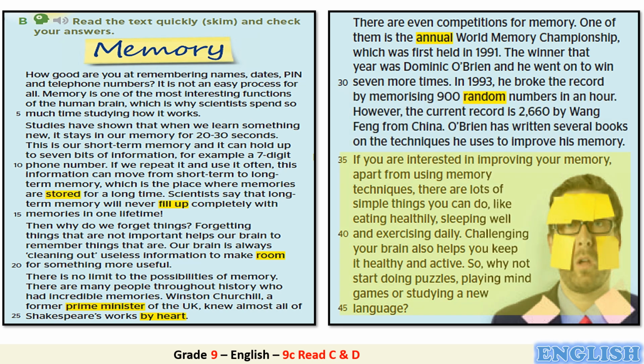If you are interested in improving your memory, apart from using memory techniques, there are lots of simple things you can do, like eating healthily, sleeping well, and exercising daily. Challenging your brain also helps you keep it healthy and active. So, why not start doing puzzles, playing mind games, or studying a new language?